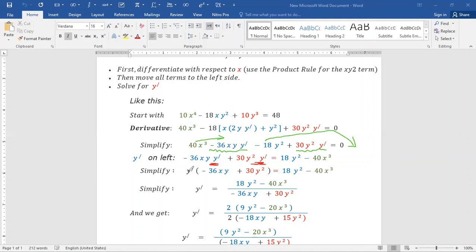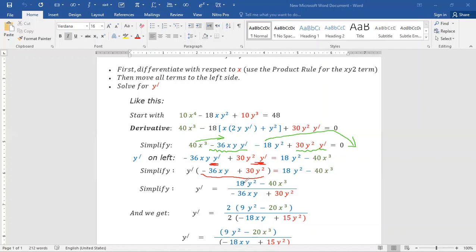After that, y prime is equal to what? We just divide both sides by this one. This is the y prime.